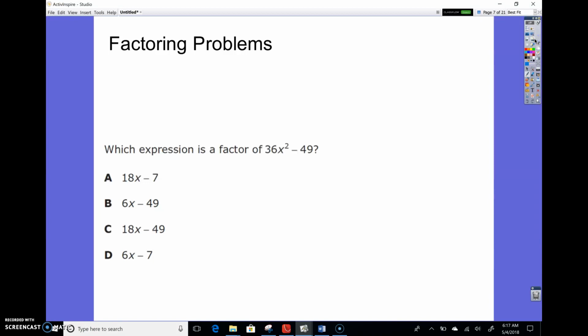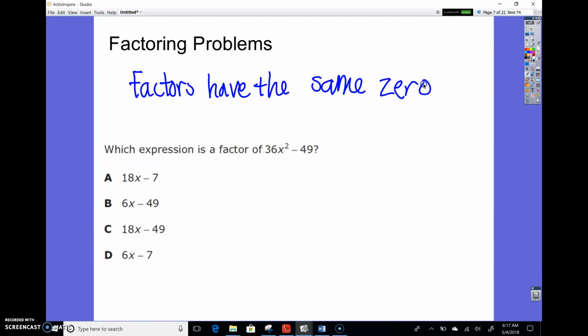Okay, factoring problems. I know a lot of you don't know how to factor or are not very good at factoring, but you can use your calculator. Just remember, factors have the same zeros as the given expression.